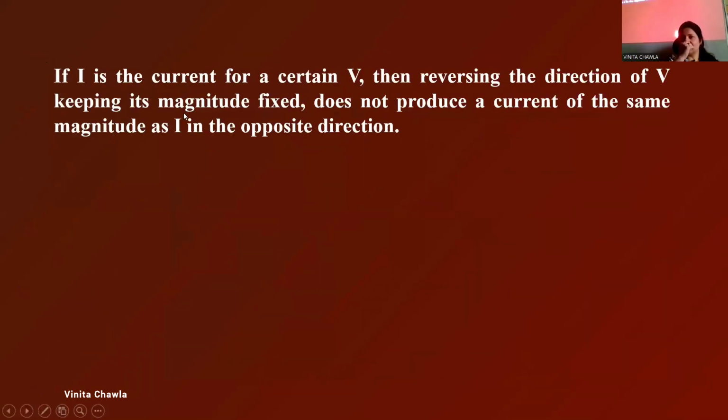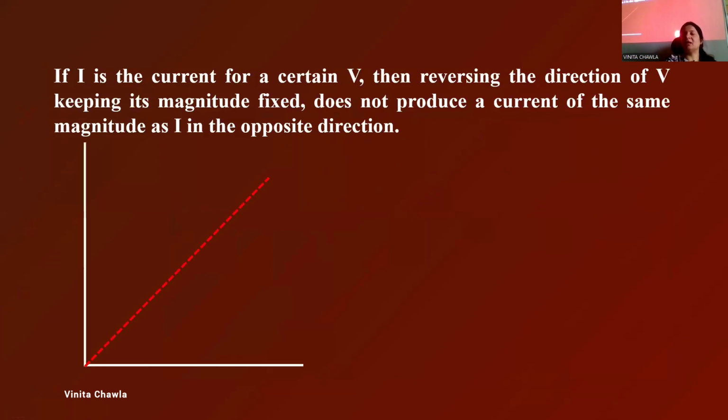Yes, if I is the current for a certain V, then reversing the direction of current, keeping its magnitude fixed, does not produce a current of same magnitude as I in the opposite direction. इसमें क्या है कि सपोज जैसे ये आपका V proportional to I ये ग्राफ है, ठीक है, तो इसमें ये स्केल हम चूज कर रहे हैं. So this is voltage and this is current.